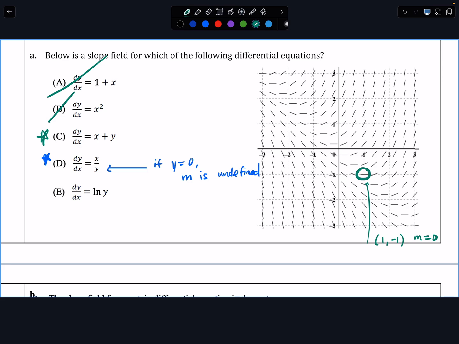What's 1 divided by -1? -1. That's not 0, so now we know for sure it's not D. This equation only has a y. Can I take the natural log of -1? No, because the argument has to be positive, so it can't be E. So the answer has to be C.